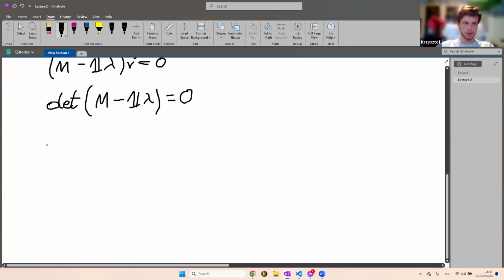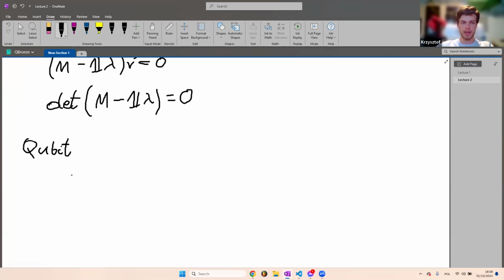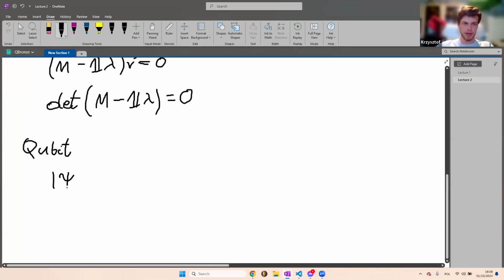So now let's move on to the qubit. And the qubit, unlike the classical representation of a bit, can be in a superposition of both values. So we represent an unknown state of the qubit as psi. And as I told you yesterday, the physicists like to put different letters and things inside those kets. So now we have a psi, and it can be some value times vector 0 plus some value times 1.